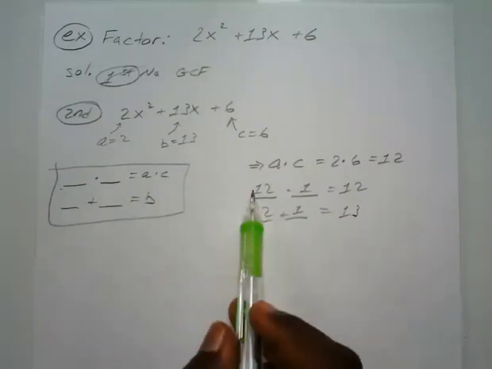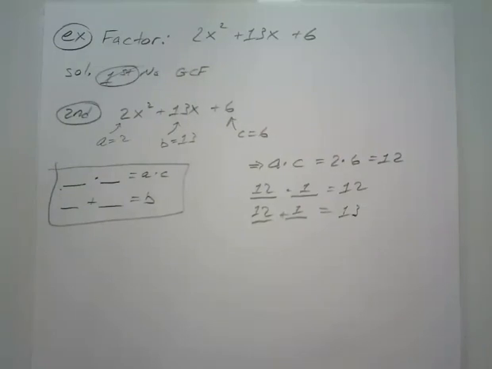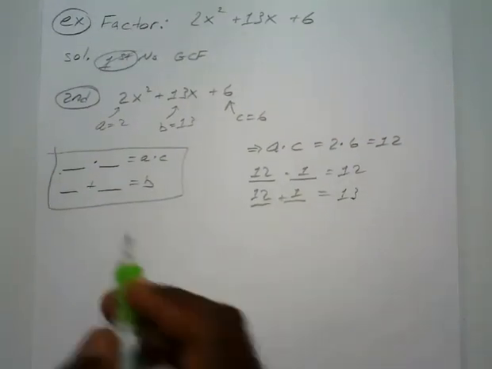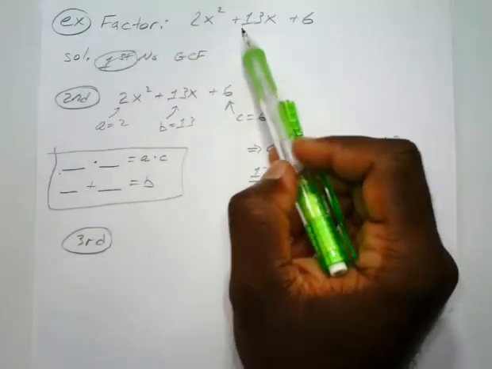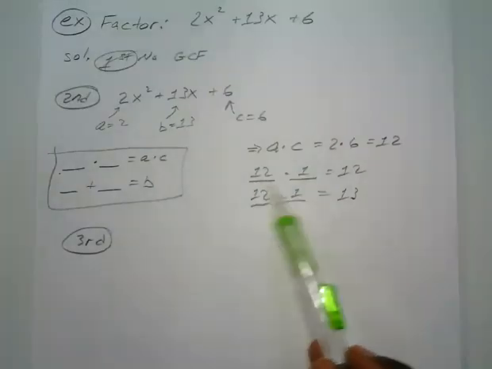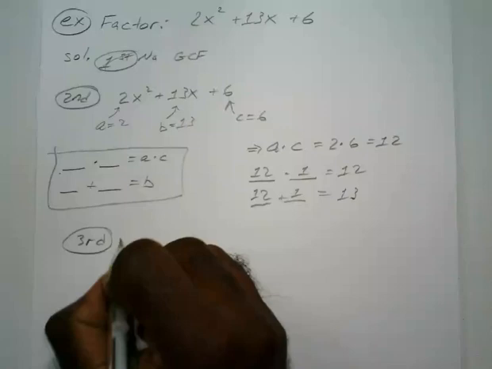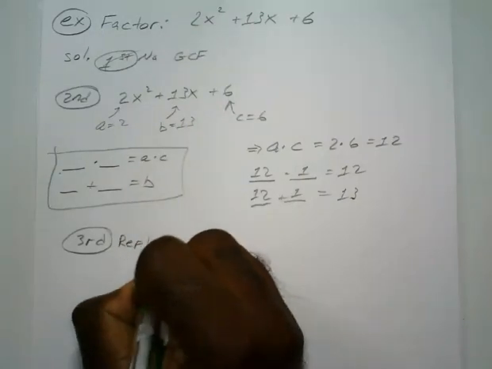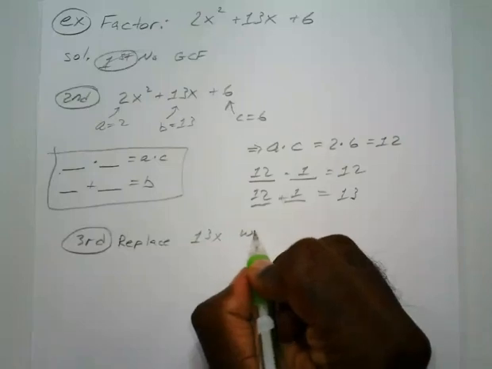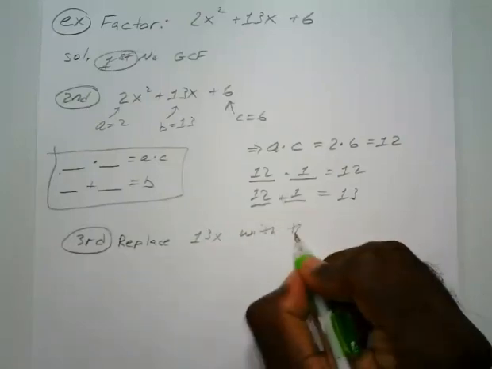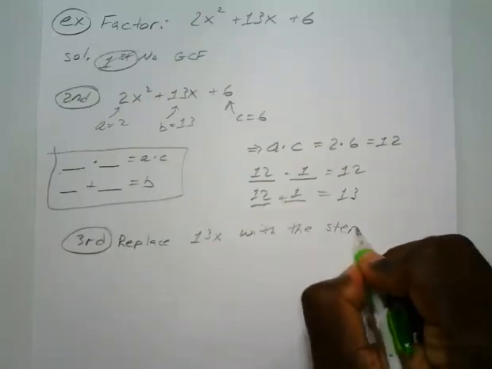Okay, so we found our two values, which brings us to our third step, where you replace your middle term with those two values. So we're going to replace 13x with the step 2 values.